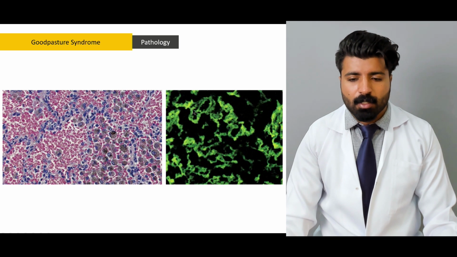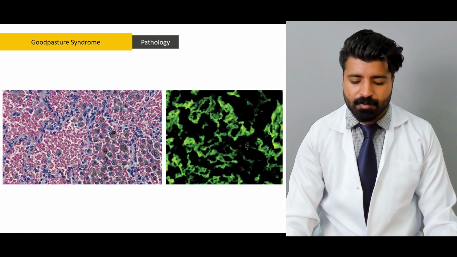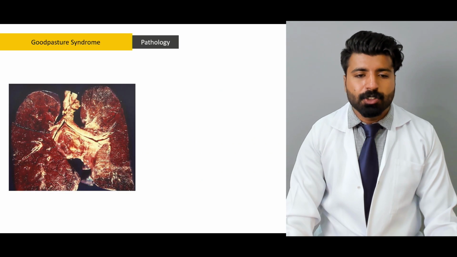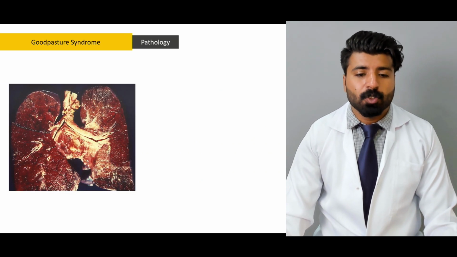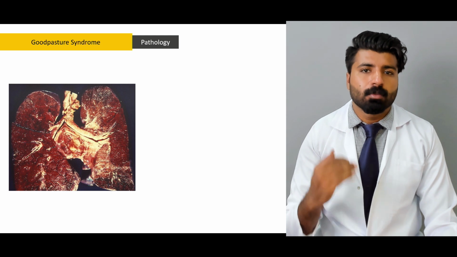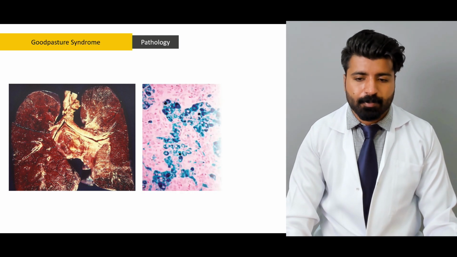As you can see, this is a slide of a basement membrane which is destroyed because of it. In pathology, when you look at a slide of a patient suffering from Goodpasture syndrome, you can see the bloody stain on the lungs throughout, because endothelial injury led to the bleeding and accumulation of blood inside the alveoli, and it led to alveolar lung disease.